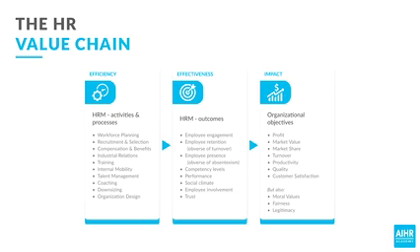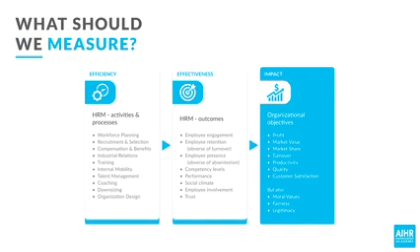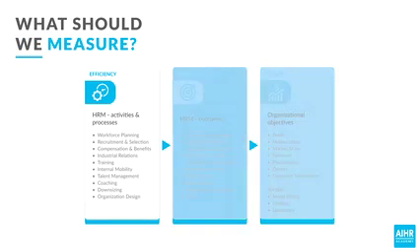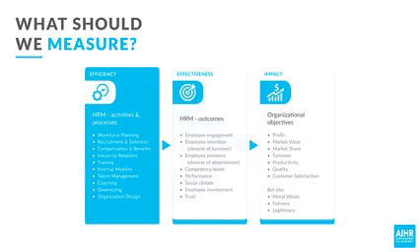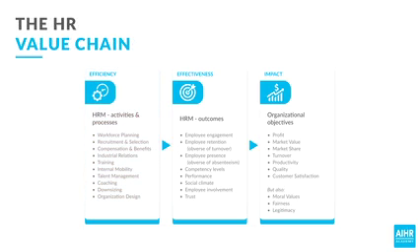And which HR activities can we then leverage in order to create those HR outcomes, which in turn are linked to the organizational objectives? So you turn the model from right to left. You start with the organizational objectives, with the strategic goals of the company. You look, hey, how can we as HR contribute to those business outcomes? And then which activities and which HR processes can we streamline in order to reach those targets?